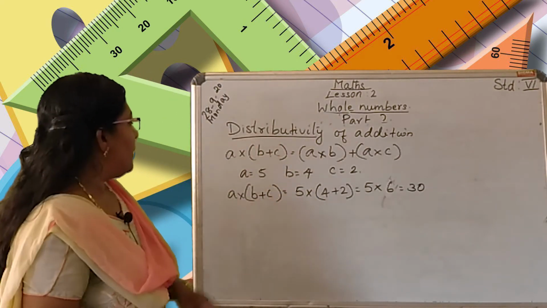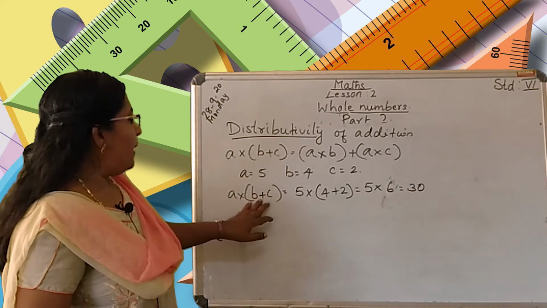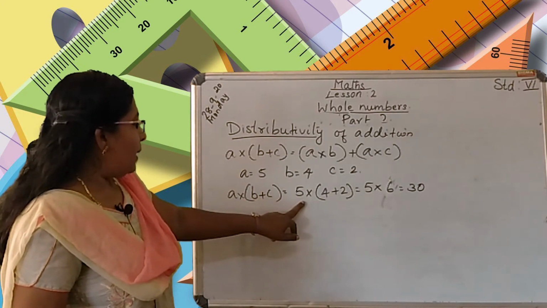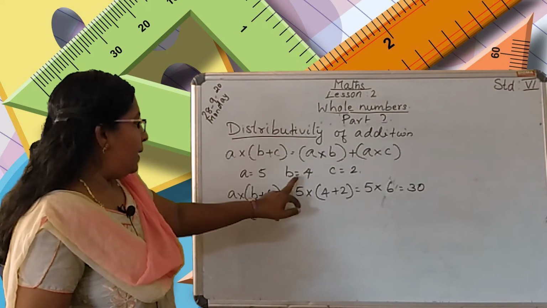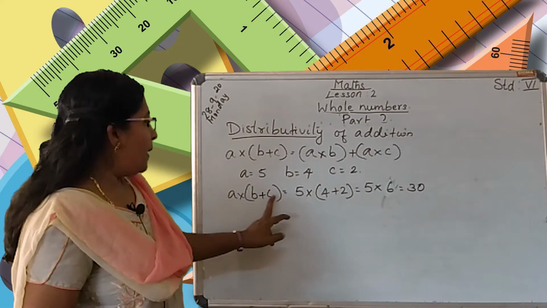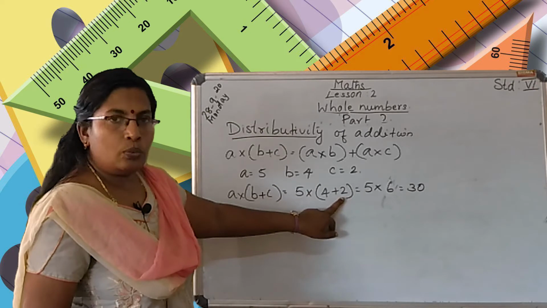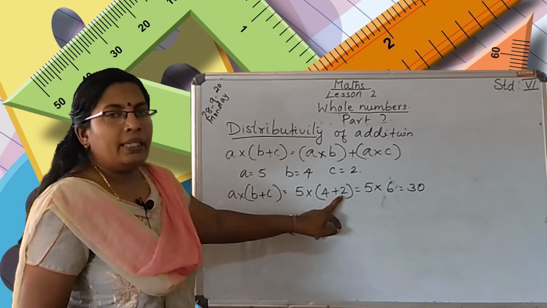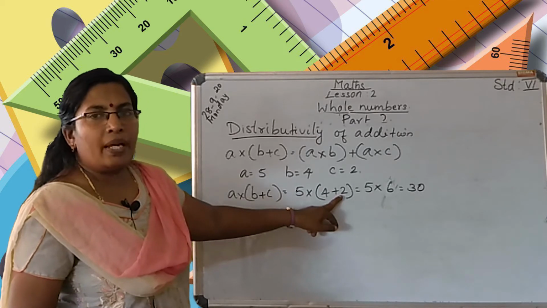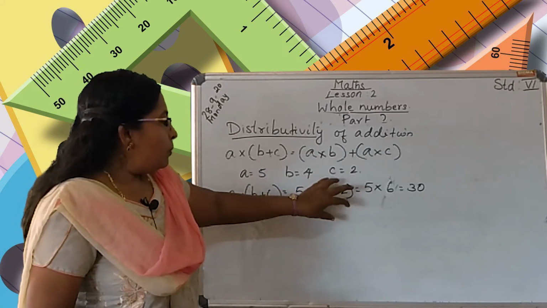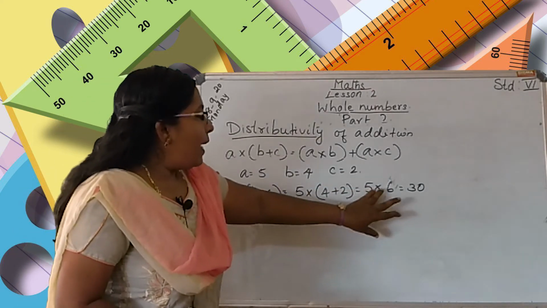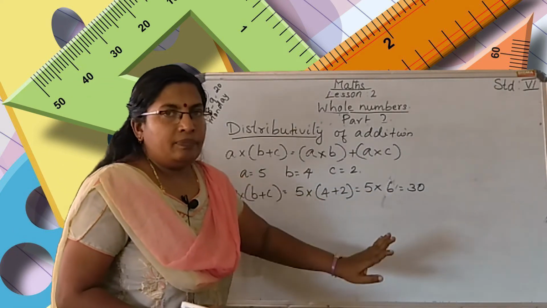Second, A into B plus C. In A, that is 5 into B is 4 plus C is 2, that is 5 into 4 plus 2. The number which is given inside the bracket, you should calculate first. So 5 6s are 30.